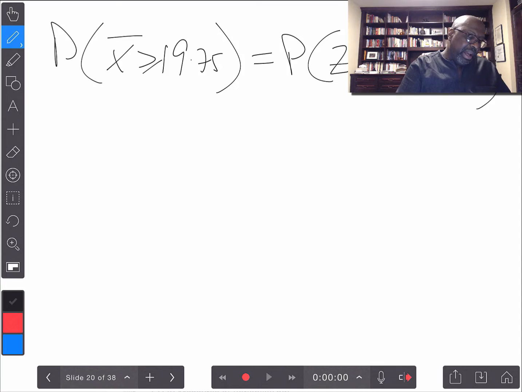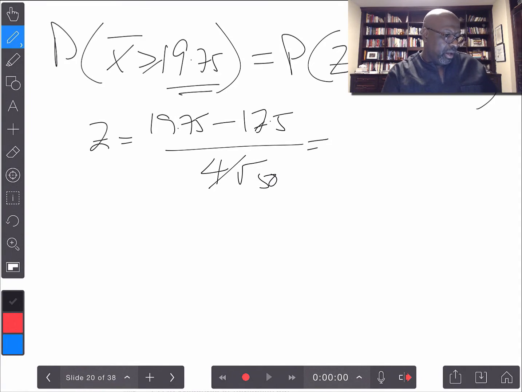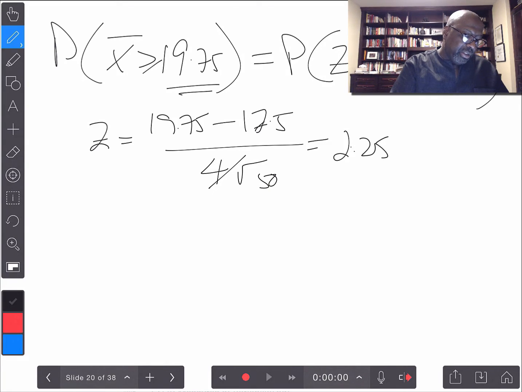In this case, what's my x bar that I'm interested in? Z is equal to 19.75 minus 17.5 over 4 divided by the square root of 50. Let's see what we got. That looks like 2.25 over 4 multiplied by the square root of 50.